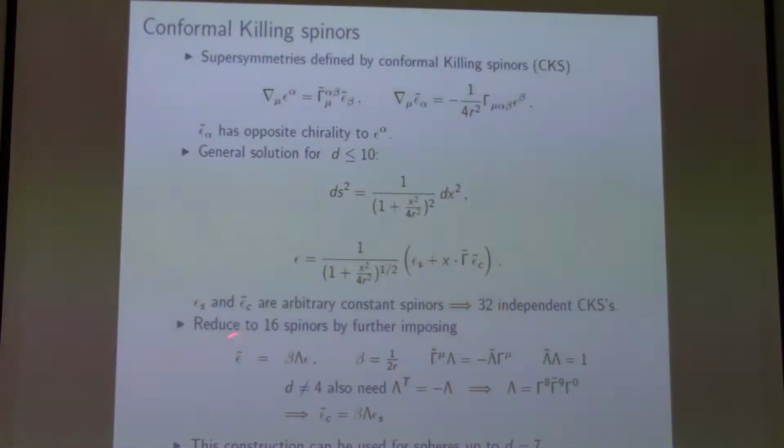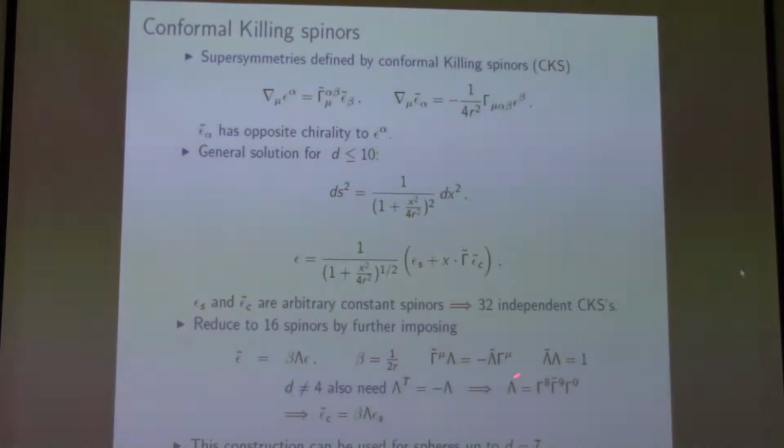So we're going to reduce to 16 different spinors by further imposing the following. We're going to say that epsilon tilde is equal to this constant beta, remember beta is 1 over 2r, times a matrix lambda. And in order for this to be consistent with this, if we take a gamma times a lambda and change the order, this becomes a minus lambda tilde times a gamma mu. So this thing basically has to anticommute with that.